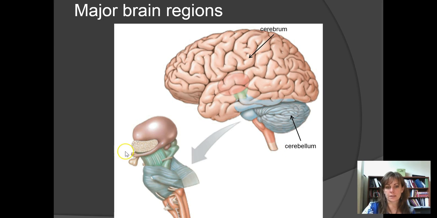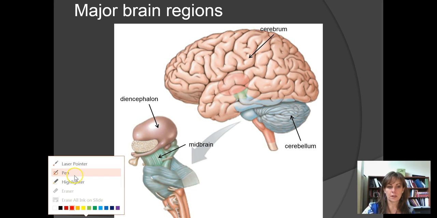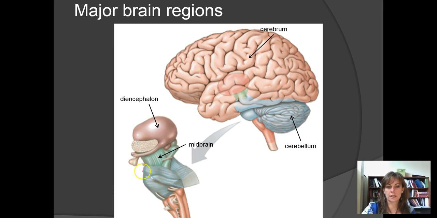Up top you have this region called the diencephalon. In the middle, in green, right here, you're going to have what's called the midbrain. And then right here in blue, you're going to have what's called the pons.